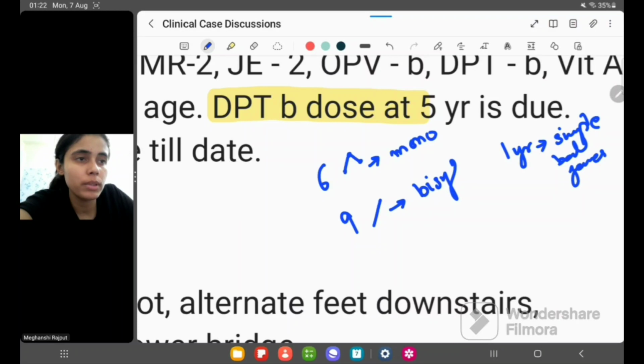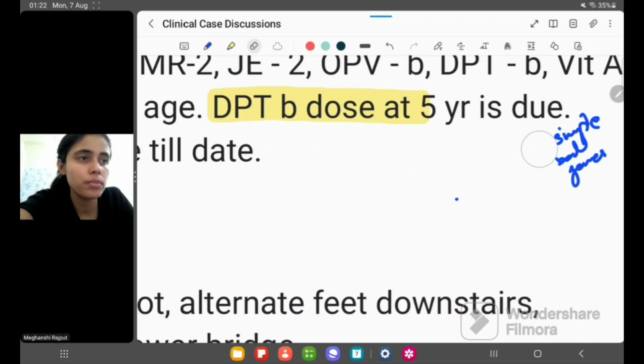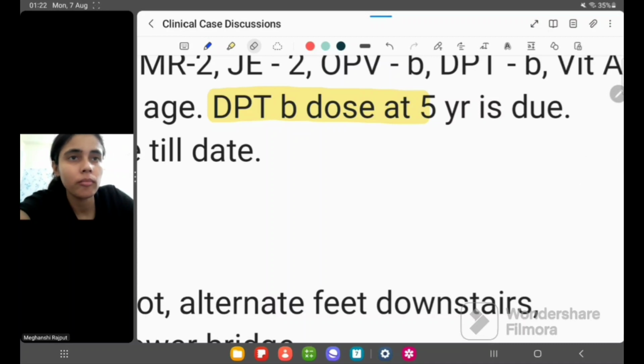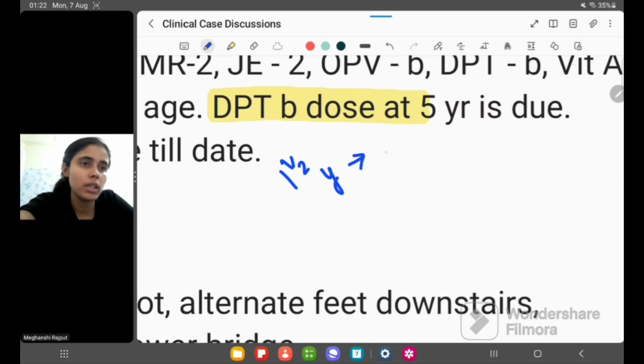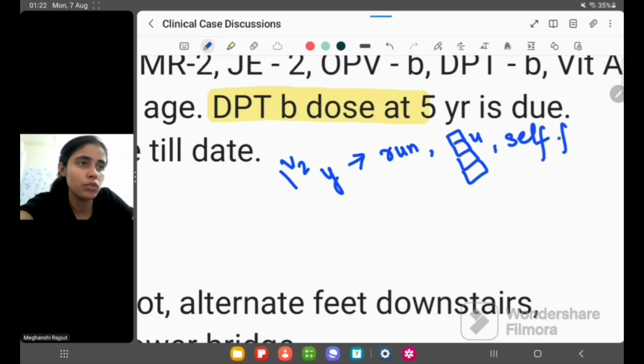Then moving on to a higher age group, that is 1.5 years. At 1.5 years, the child would be able to run as well as make a tower of 4 cubes, and the child would start to self feed.